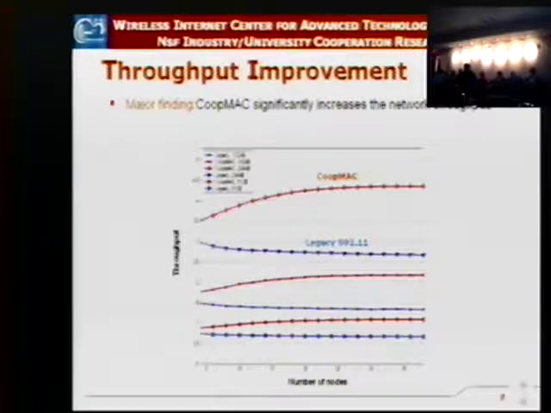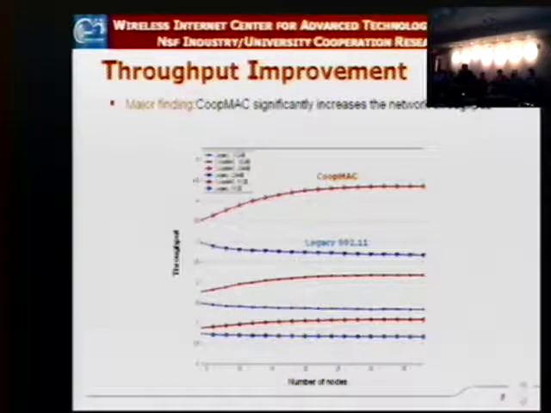So this is the protocol, and here are some results from the simulations we had. This is the throughput as the number of nodes increases, and the red lines are the CoopMAC lines, the blue lines are the legacy 802.11.